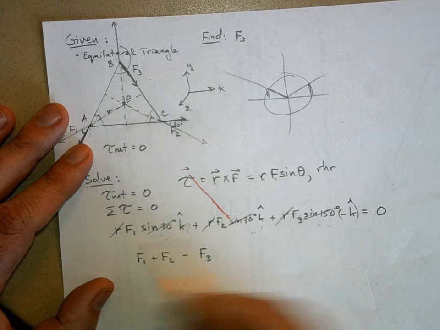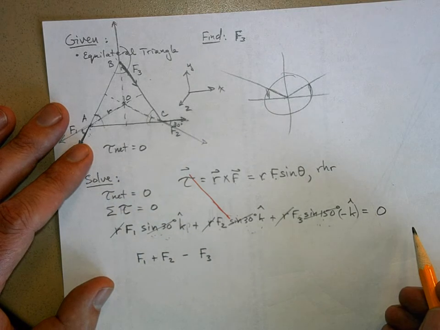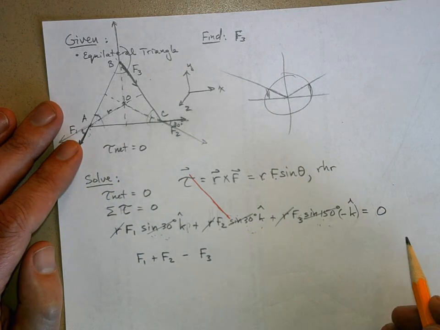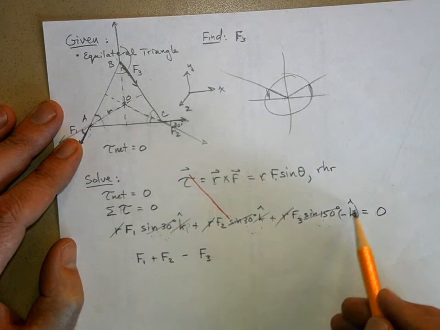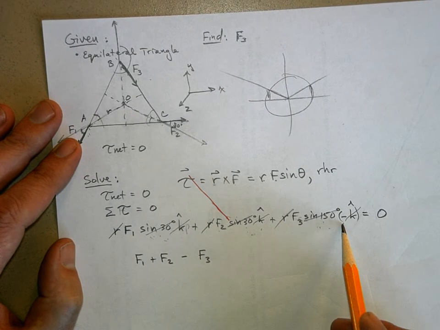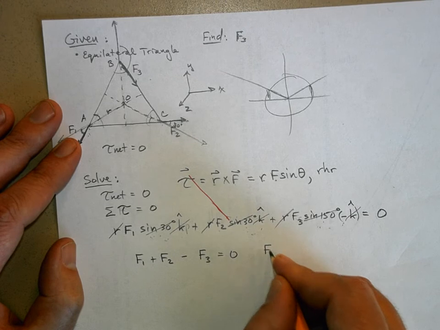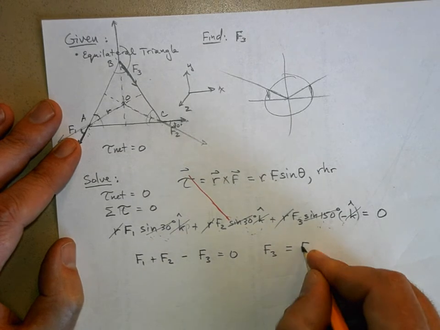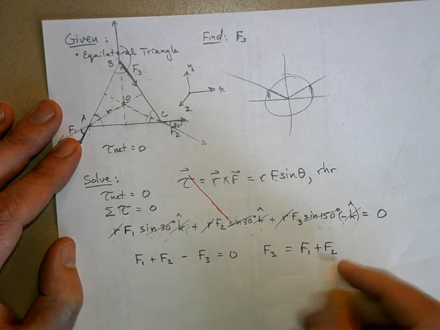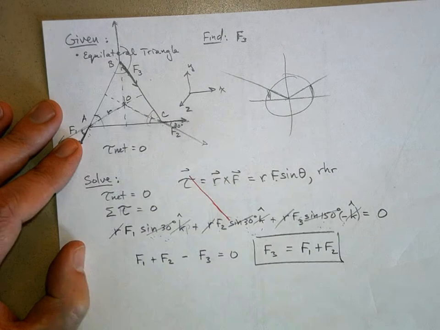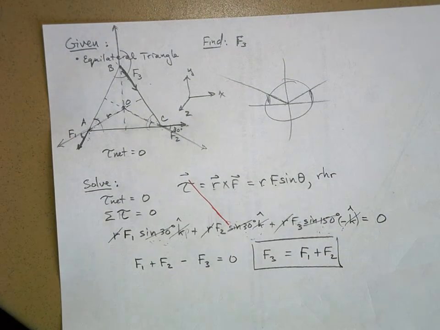I can divide both sides by the unit vector k-hat, so they cancel out. But this negative doesn't get canceled out, you see. So it equals 0. So that's why F3 is equal to F1 plus F2. And that's the answer that you'll find in the back of the book.